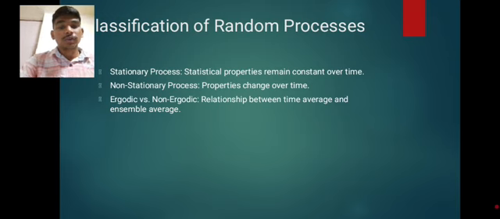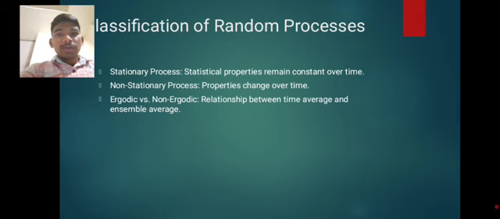Classification of random processes has four types: continuous random process, discrete random process, continuous random sequence, and discrete random sequence. In a continuous random process, both time and random variables are continuous. In a discrete random process, the random variable takes discrete values and time is continuous.